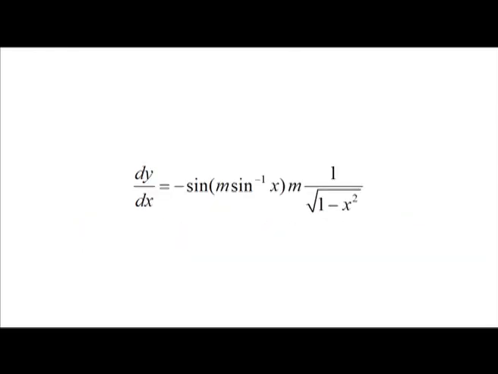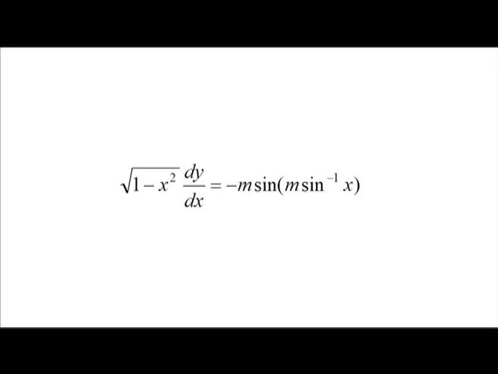That is, dy/dx = −sin(m sin⁻¹ x) into m into 1/√(1 − x²), or √(1 − x²) dy/dx = −m sin(m sin⁻¹ x).